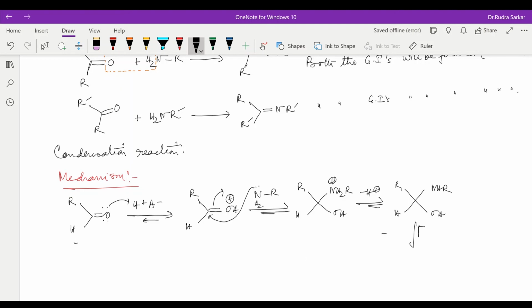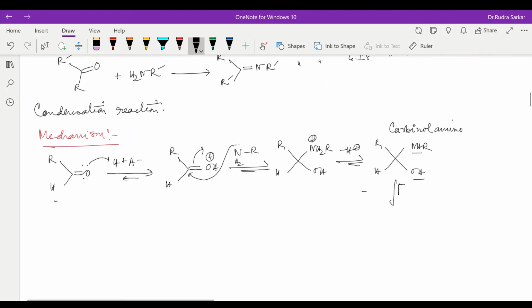Now, this is called carbonyl amine, because there is an OH for which there is the word carbonyl, and for NHR there is an amine, so this is called carbonyl amine. Subsequent protonation, water now acts as a leaving group. So we can think of something like this.